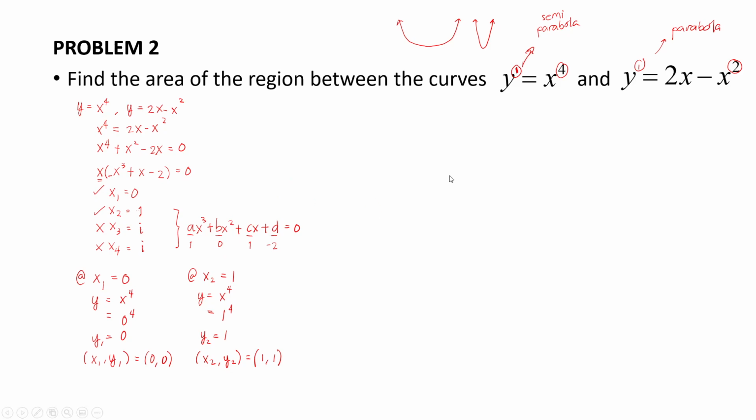So what's left for us to do is to graph your equations. Of course, you may try to manually graph your equations using the tabular method, 1, 2, 3, 4, 5. Let's say my 1 is here, then the other one is here.